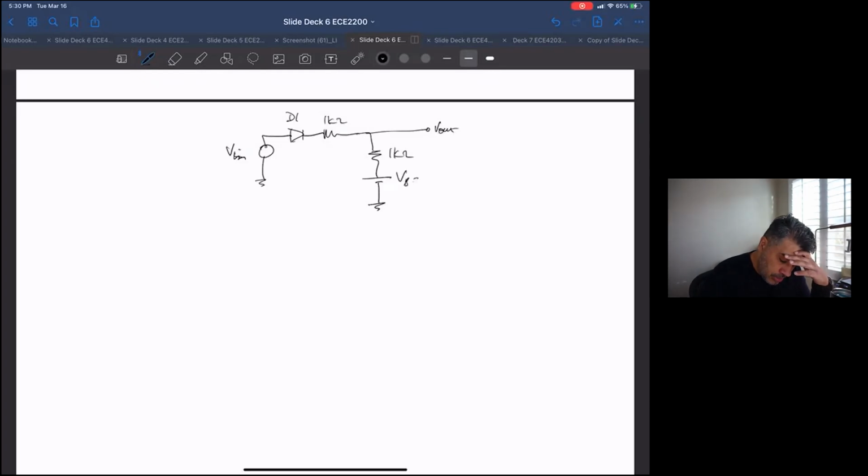The battery was 2 volts and the resistors were 1k, 1k. I guess this was probably R1, and this was probably R2.